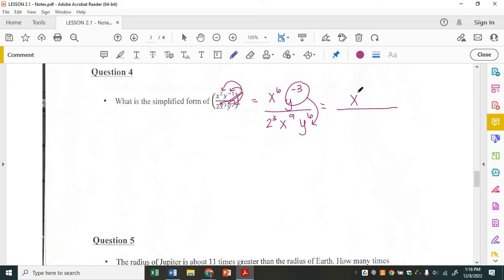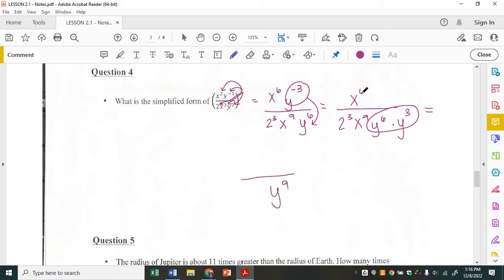I'm going to write out every single step so we know what we're seeing. I have x to the 6th over 2 to the 3rd, x to the 9th, y to the 6th, and I just brought down y to the 3rd. We can now combine these. So I'll get y to the 9th on the bottom.